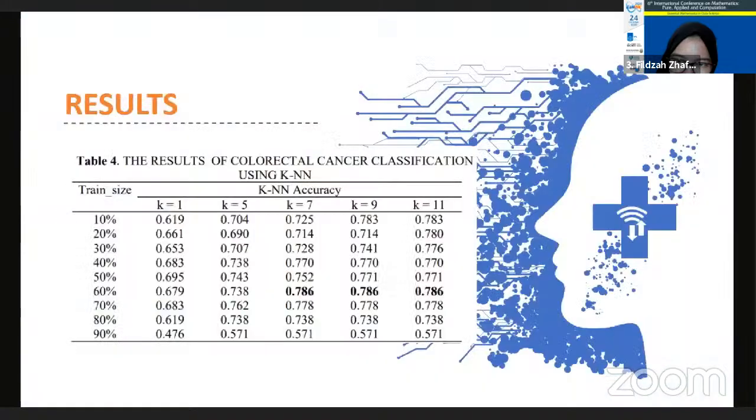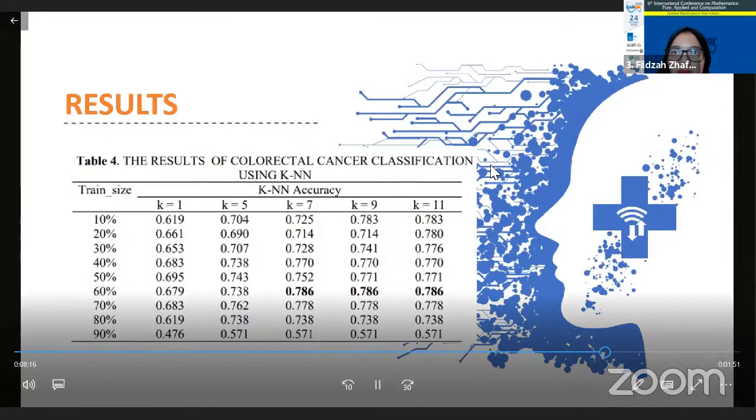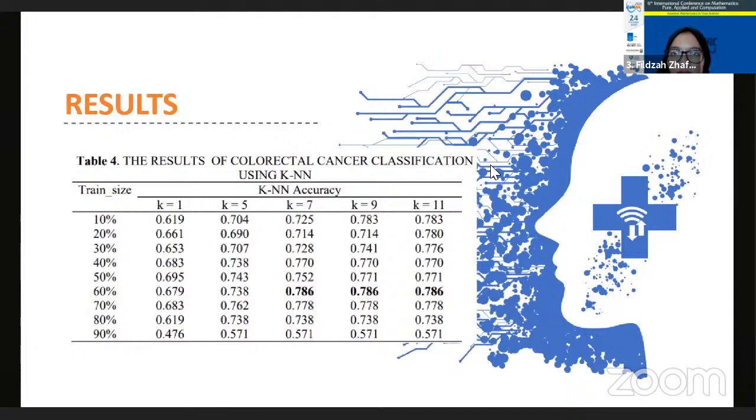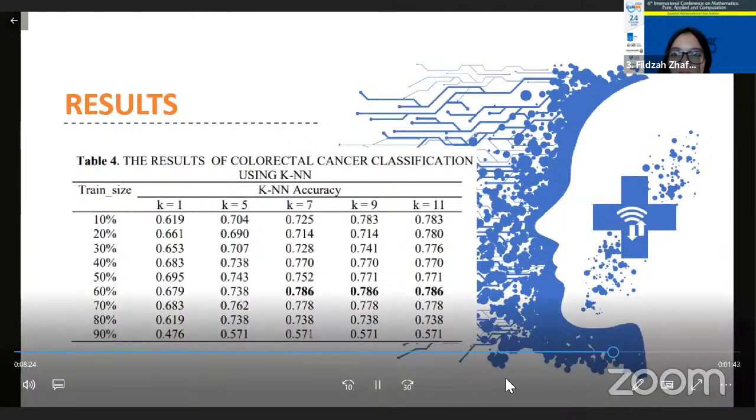Result. This research used Jupyter Notebook as software for running the KNN and neural network programs. In processing the colorectal cancer classification problem, in this test, the amount of training data is 10%, 20%, until 90%.